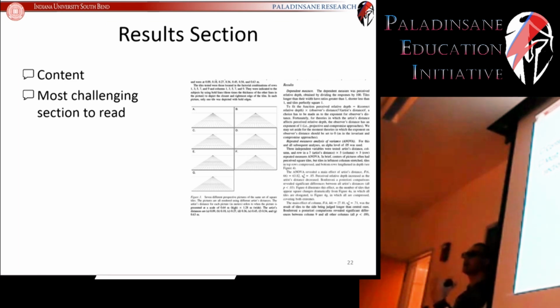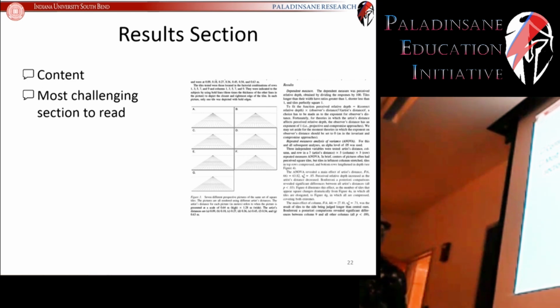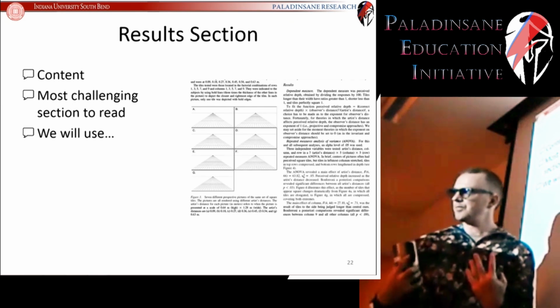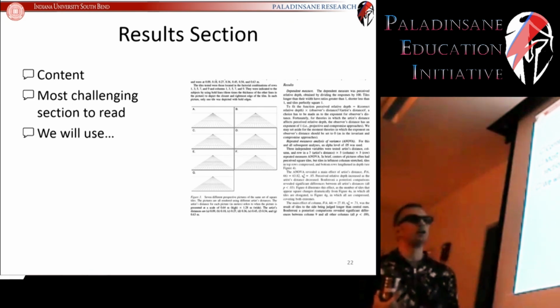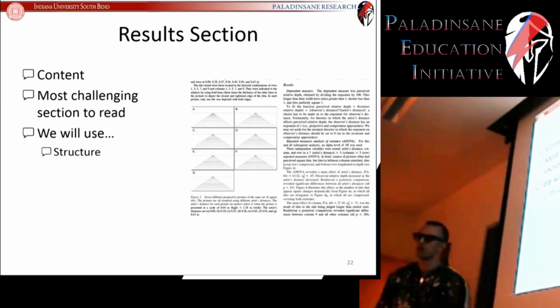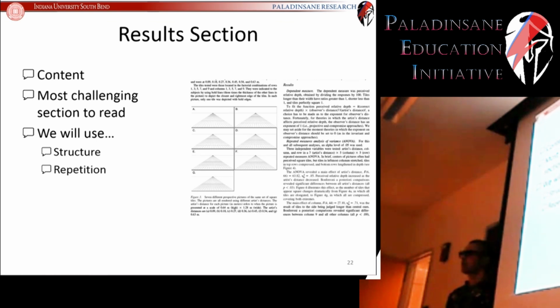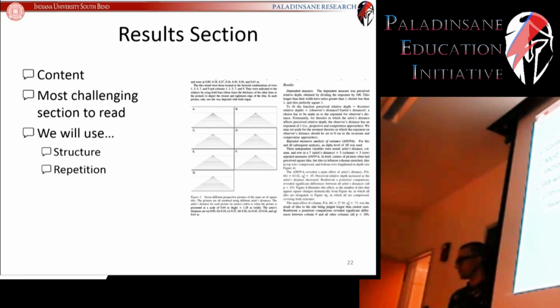It's a very cognitively involved section to read. So because of that, we're going to try to make it as simple as we can for the reader, and we're going to do this by using structure that is very simple to go through, and importantly, we're going to use repetition, a lot of repetition.